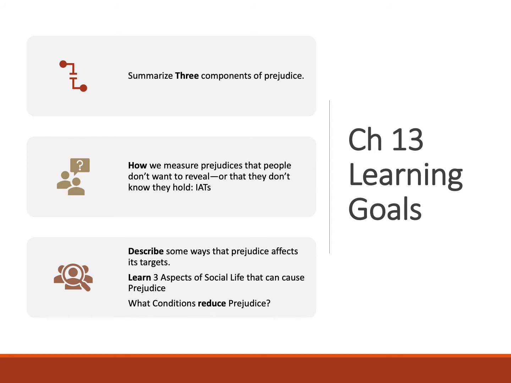We're also going to talk about the way that it affects people that it's targeted toward, what aspects of our social lives can cause prejudice, and also what conditions can reduce prejudice. So that's our learning goals for this chapter, all right?